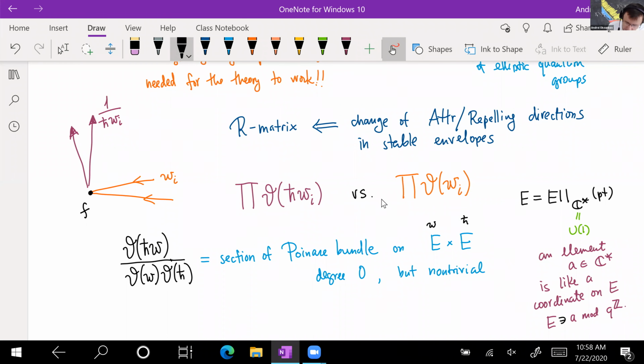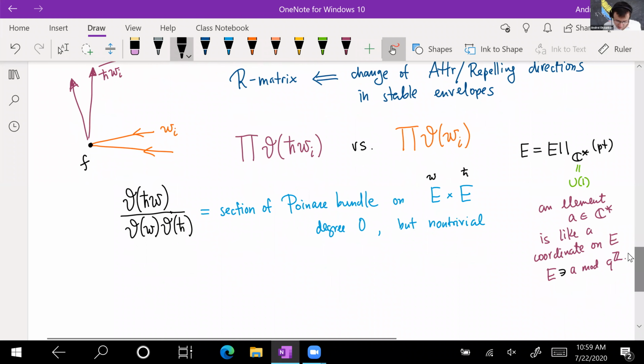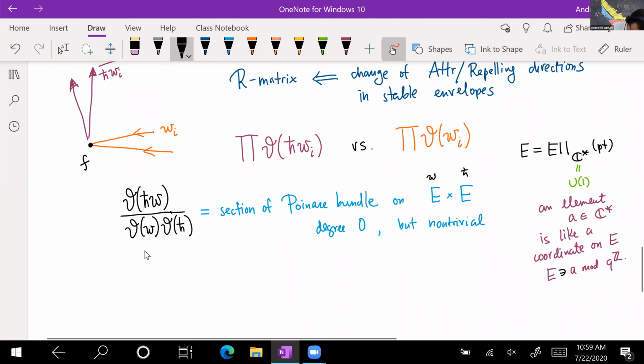So I think of this as having coordinates W and H. Even in the case of a vector space, if I want to see the difference between attracting and repelling, I have to include this thing. So what is in fact the difference? This is very general. I can also write it like this. What is that?